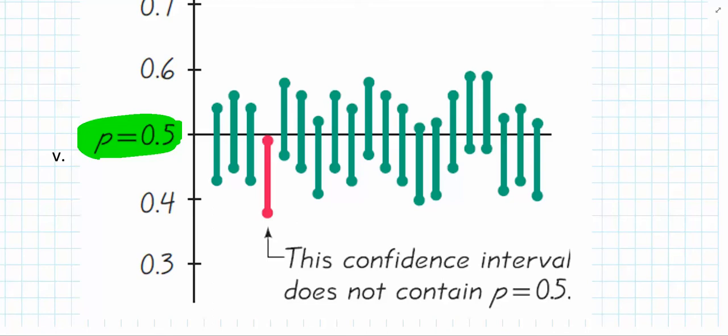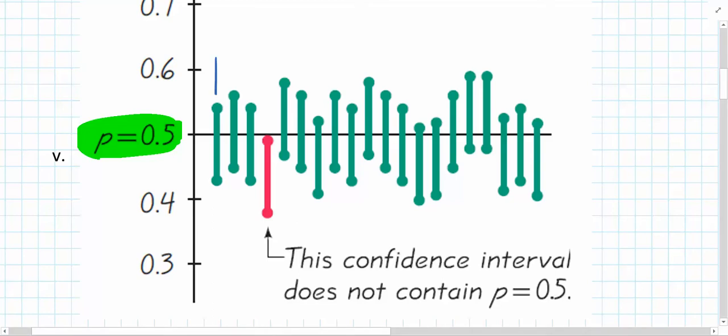This person here in this first example has a confidence interval that contains maybe a low range of 0.43 and a high range of maybe 0.54. So they're saying that the true population parameter is going to fall between this point and that point, and they would be correct because the actual population parameter does fall in between those two.